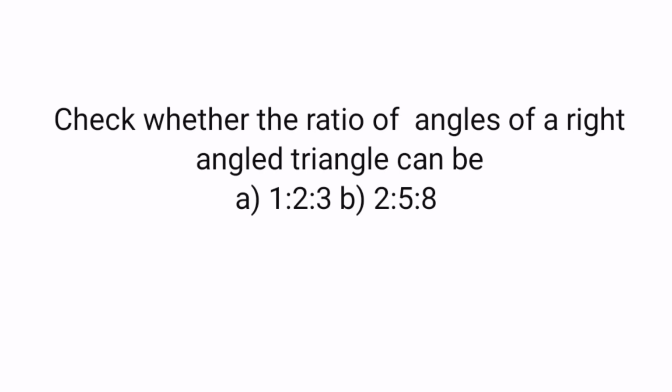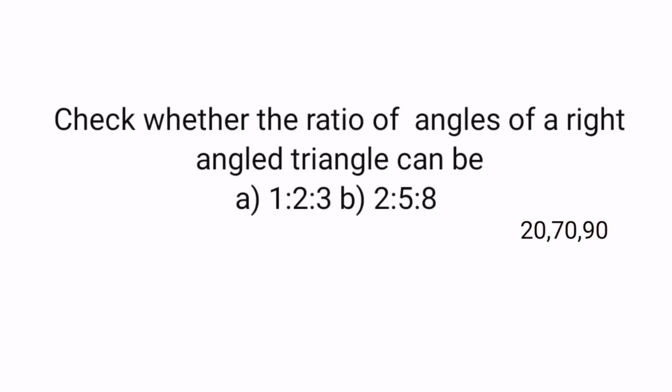So, obviously, the other two angles, when we add those two angles, we will get it as 90 degree because sum of all the angles of a triangle will be equal to 180 degree.